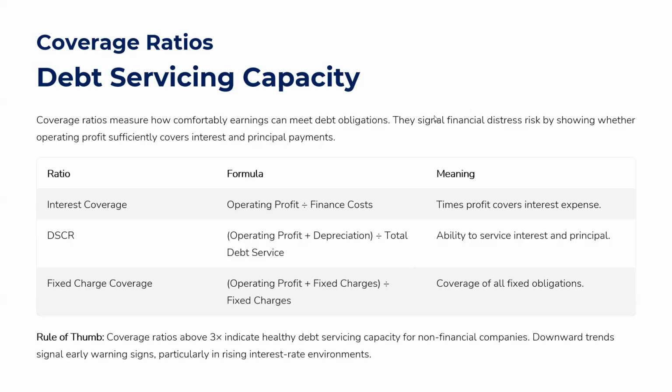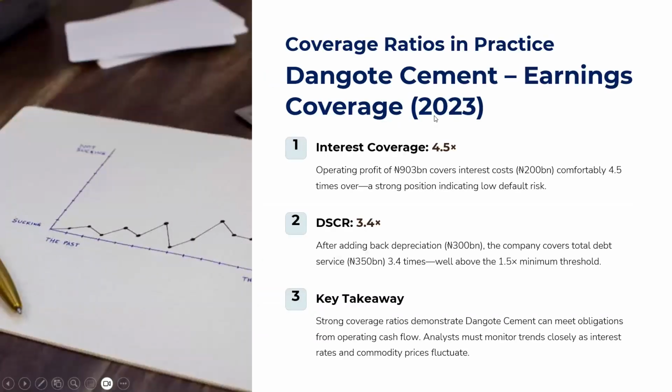All right, so let's look at this coverage ratio in practice. Dangote Cement. Interest coverage. Now, if your operating profit is 903 billion and your interest cost is 200 billion, then that means your interest coverage is 4.5 times, which is a very strong position.